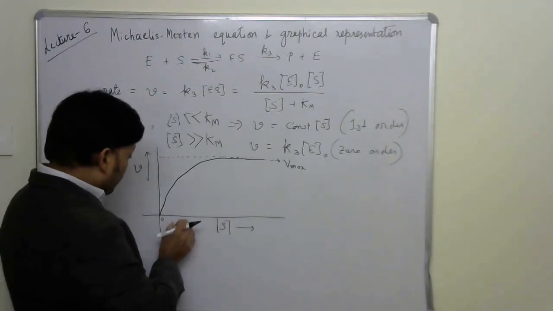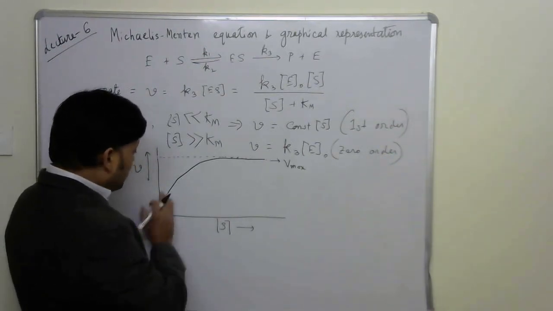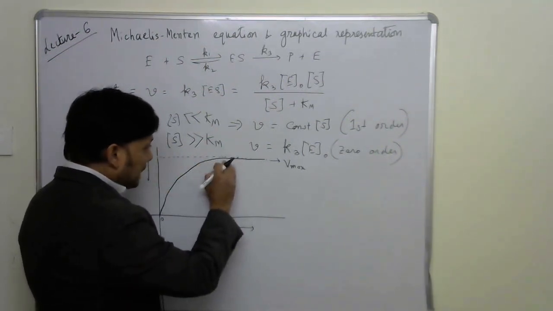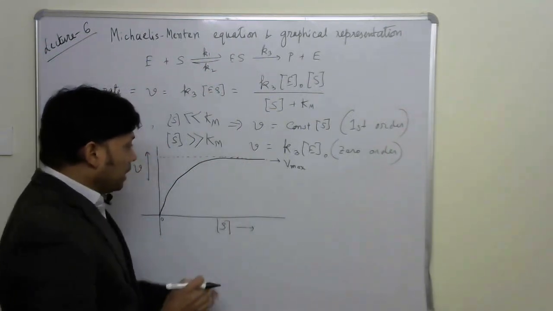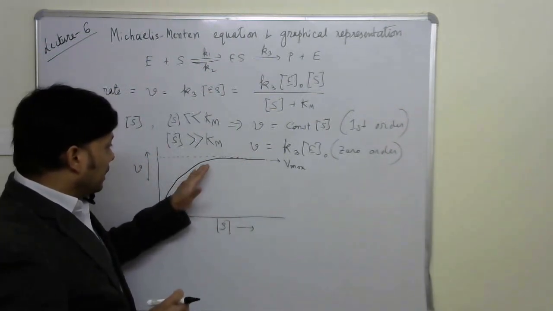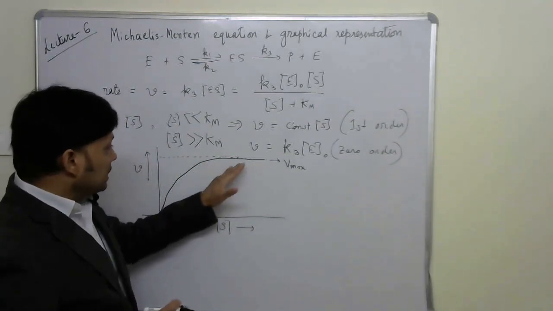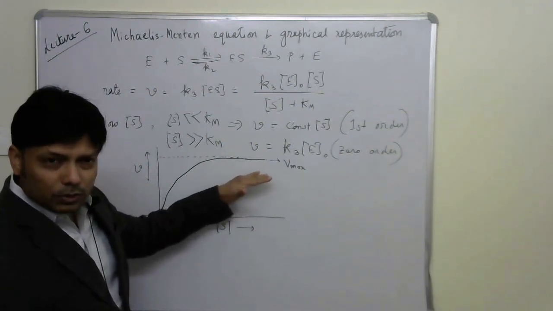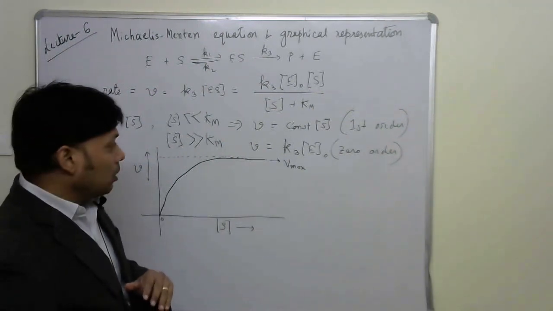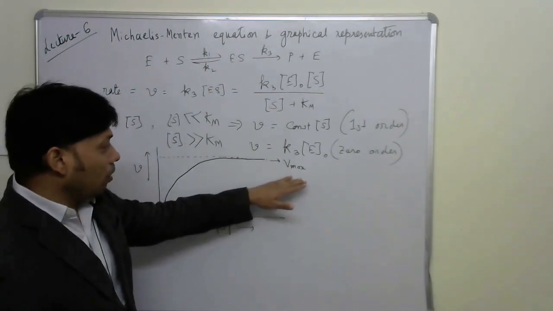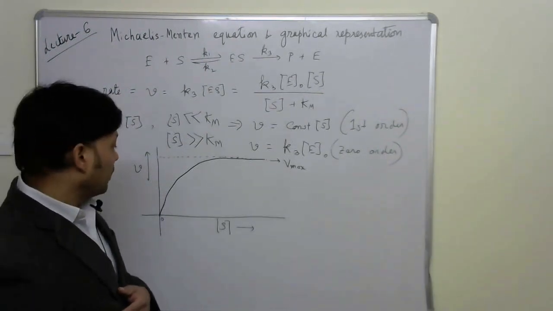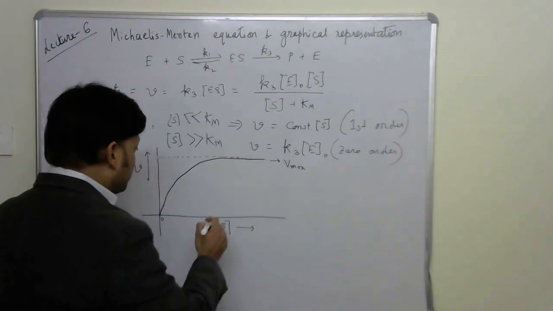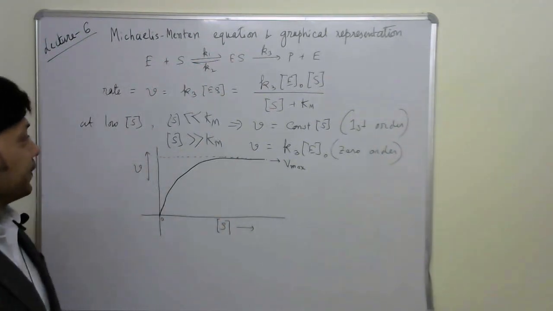At lower concentration of S, velocity increases with the substrate concentration, but after some point the velocity becomes constant. In other words, the velocity has saturated, meaning the rate of the reaction is not increasing anymore. So Vmax is also called the saturation velocity. This is how the V versus S curve looks.